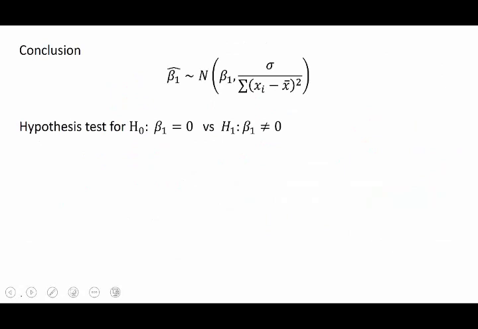If we want to compute the test statistic for a hypothesis test where the null is the slope is 0 and the alternative is the slope is non-zero, then the test statistic we can form is just beta 1 hat minus its mean under the null hypothesis, which is going to be 0 in this scenario, divided by its standard deviation.